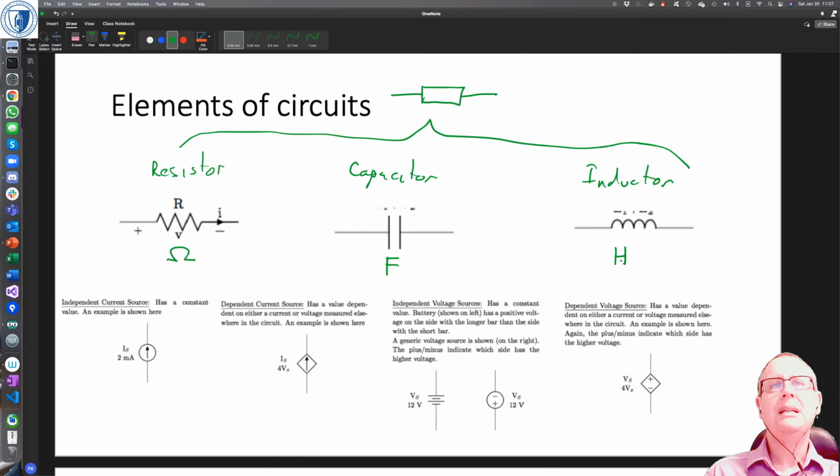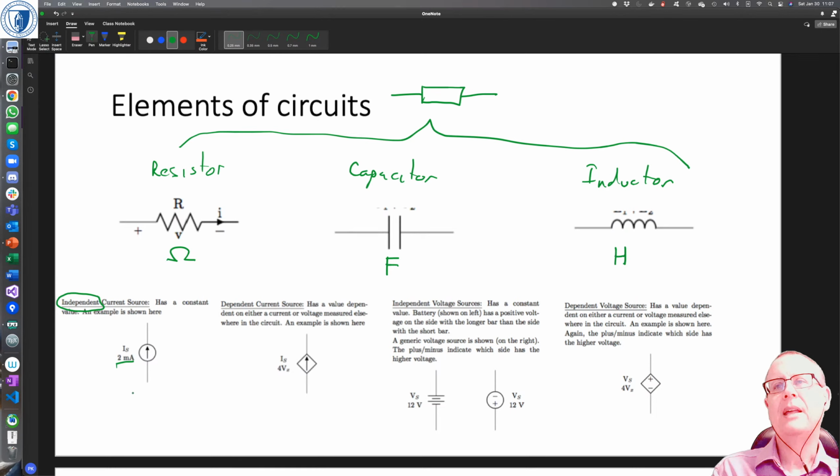The first one over here is what I drew up before, and that's a current source, called an independent current source. This is the round one with the arrow in it, and it's independent because its current doesn't change. It's always 2 milliamps.